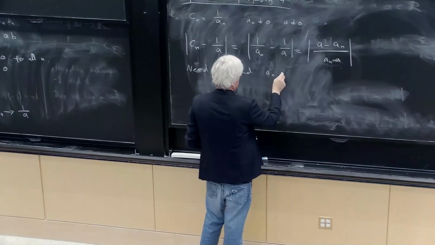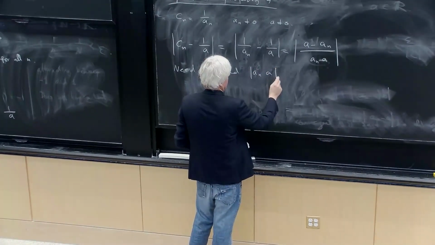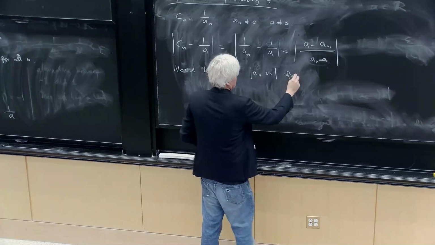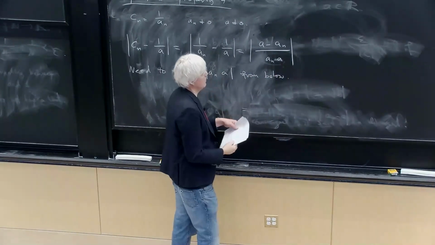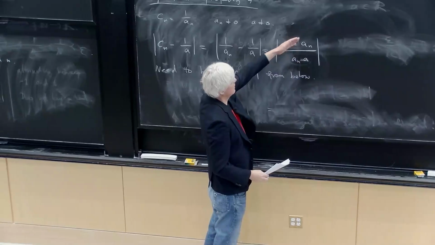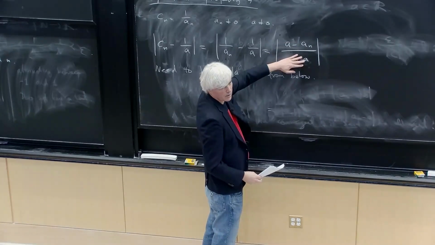AN times A from below. We want to bound it from below because then when you're looking at 1 over it, that's an upper bound.